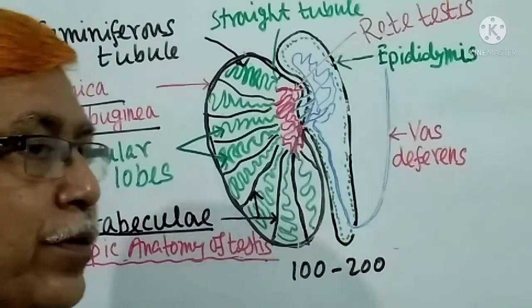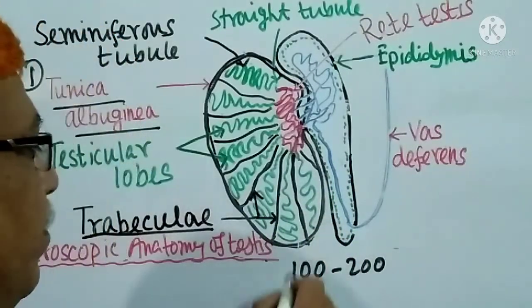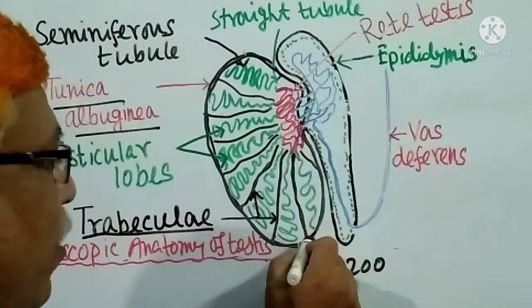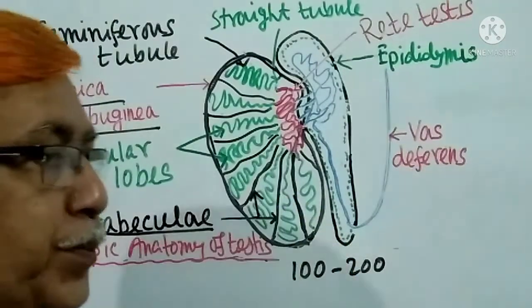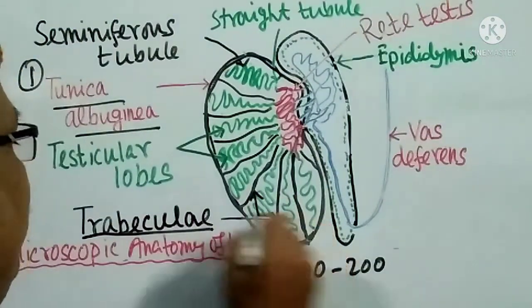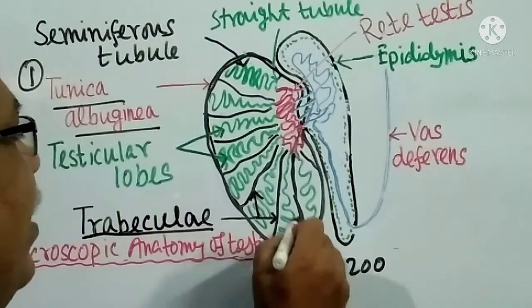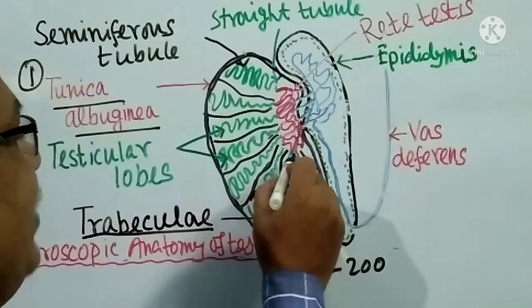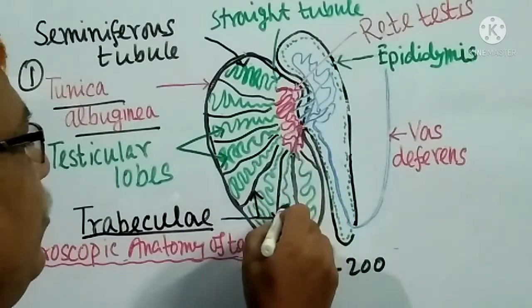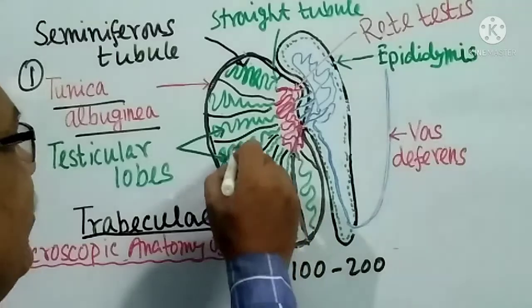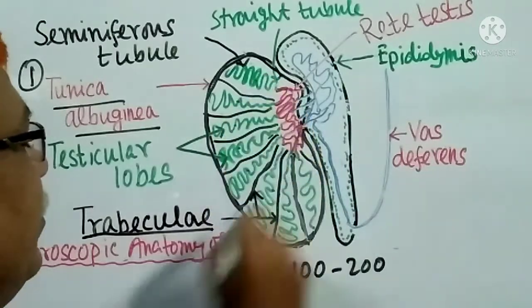This is a trabecula, singular number, which arises from this Tunica Albuginea, and you may call trabecula a septum.